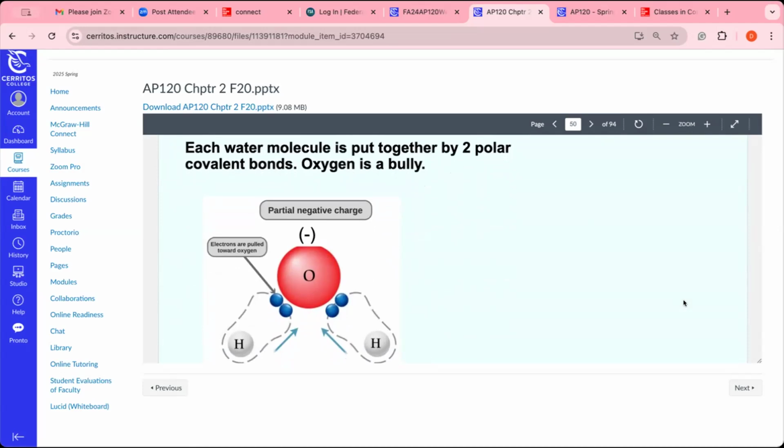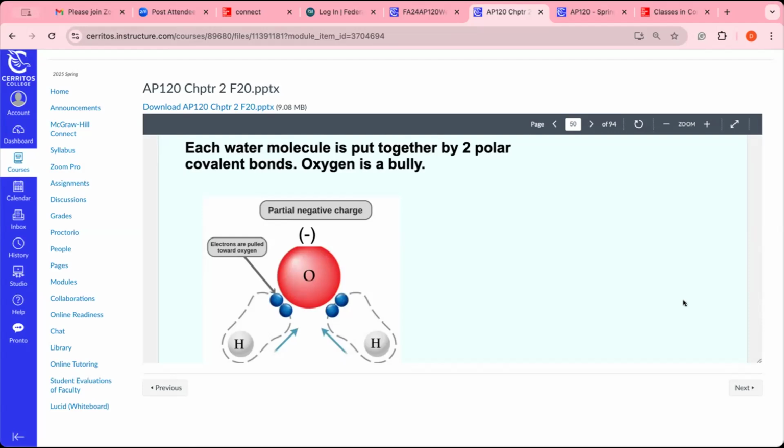The oxygen has this partially negative charge, right? So the hydrogen is sharing its electron with 1 of the electrons from oxygen here.